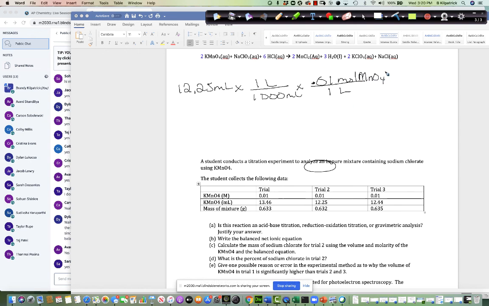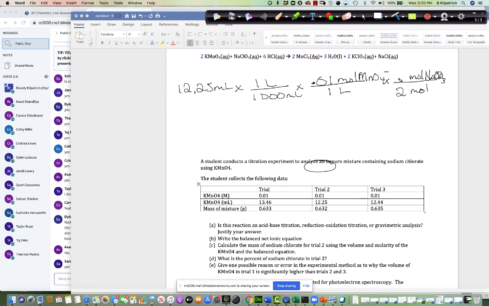So now go to your sodium chlorate. All right, moles on top of moles, you can use the coefficients. Now, I used both the net and this reaction to calculate this out.